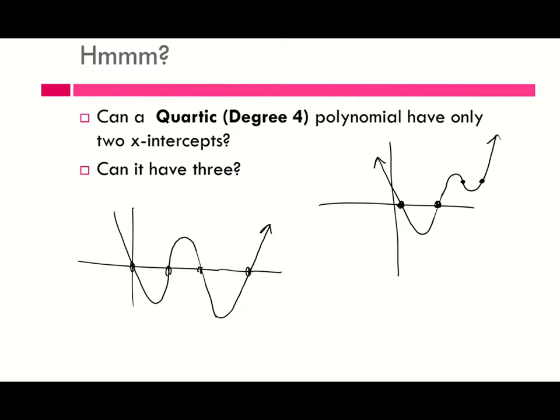The big concept here is to remember our complex conjugate theorem, that our complex roots always come in pairs. So there have to be 2 of them. So we could have 4 imaginary solutions. We could be all above the x-axis.